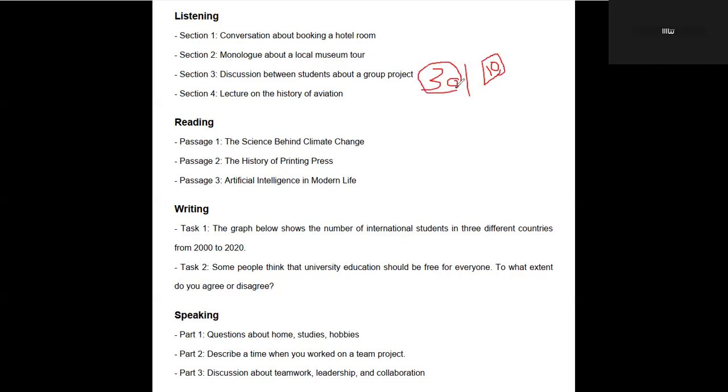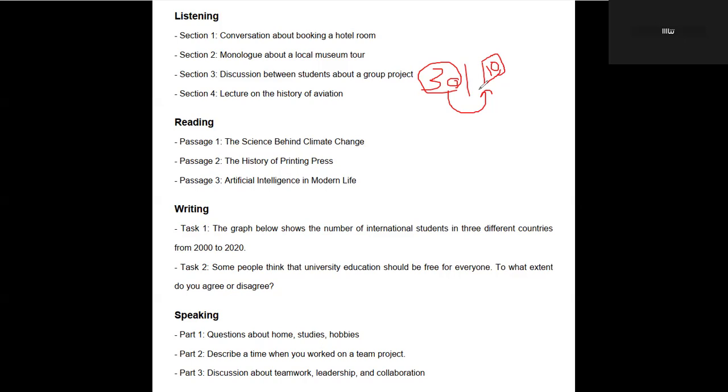Why should we copy it in the answer sheet? Because you have a booklet. First of all, you see and read the questions and write your answer in it, and then you copy them in the answer sheet, which will be the paper with the booklet that the IELTS examiner will receive from you.